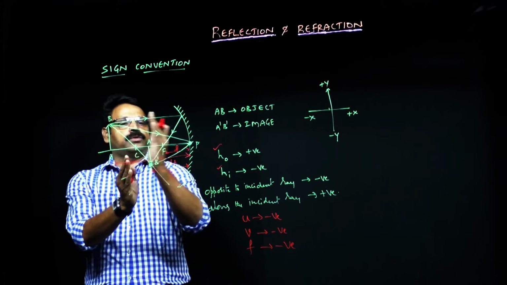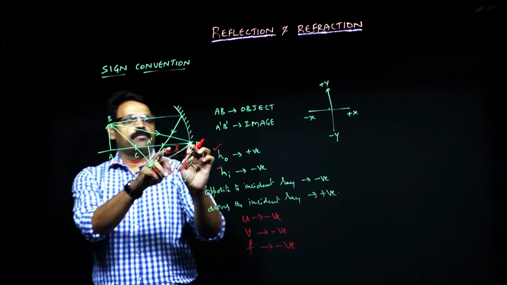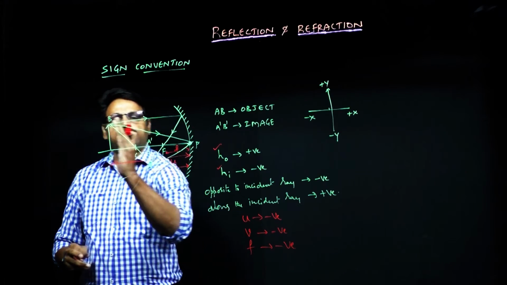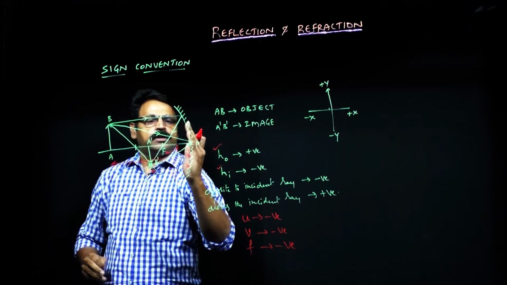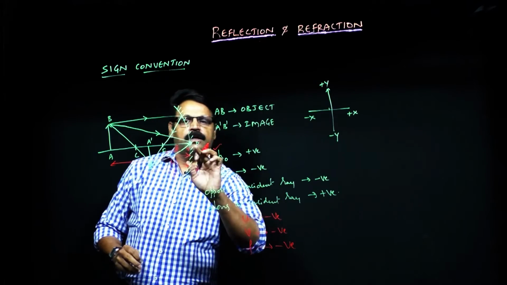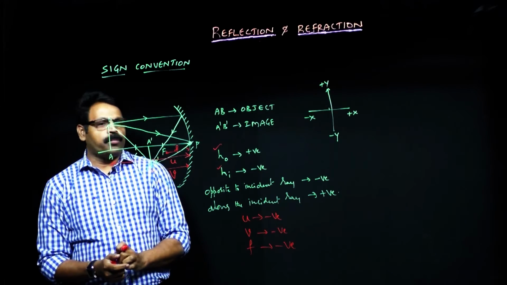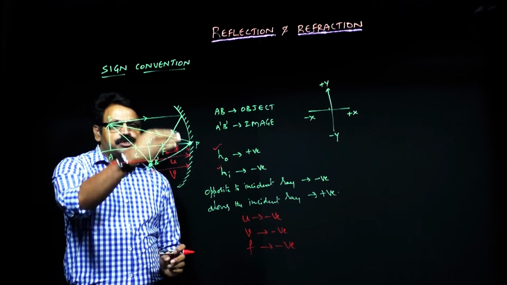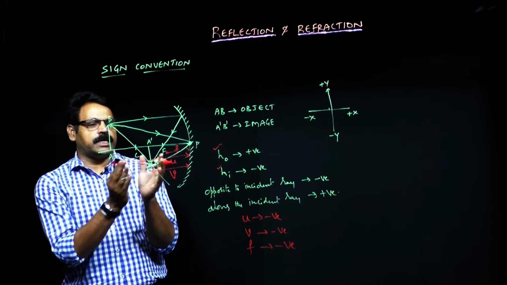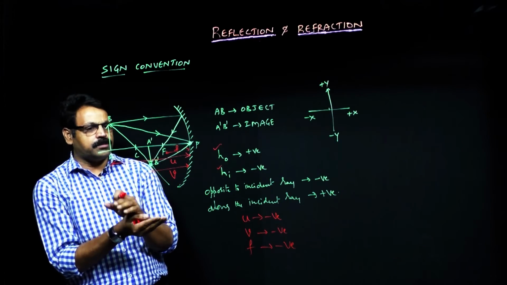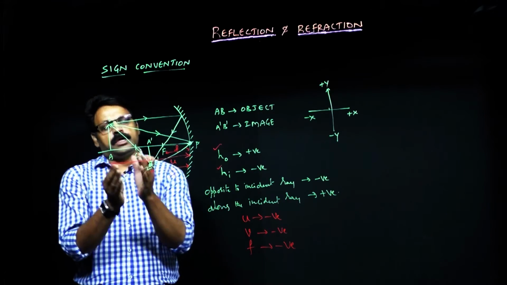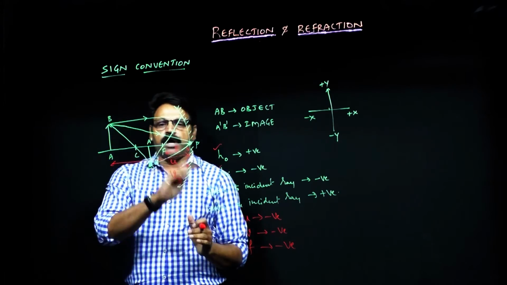When you are moving towards the negative x-axis with reference to the pole, it is negative. If the image is formed on this side and you are measuring any distances here, then you have to take it as positive. For various positions of the object and images, how the distances are to be measured and how the images are formed, that we are going to look at.